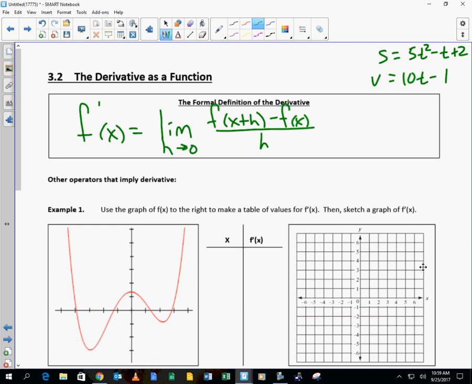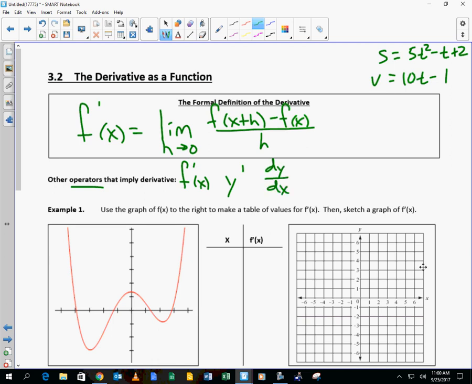So we've seen it already, and we're going to lay it out for you now. Prime means derivative. Whenever you see this, this is what we do in order to come up with the derivative. There are other operators that imply derivative. One would be f prime of x. Another one would be y prime. There's different notation. Here's the derivative of y with respect to x.